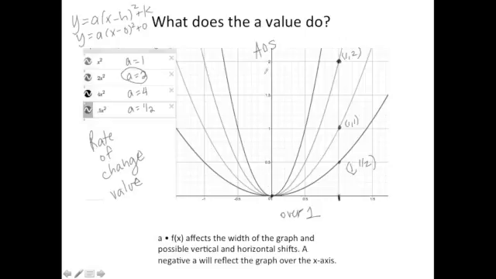So since the vertex in each one of these cases was 0, 0, our axis of symmetry is going to run through 0, 0. So what that means, just quite simply, is that if this point right here is located 1/2 of a unit to the right of the axis of symmetry, then there is a mirror reflection located 1/2 to the left over here.